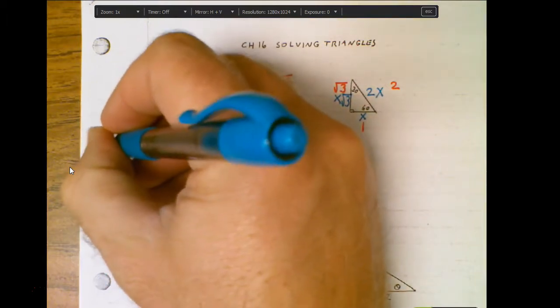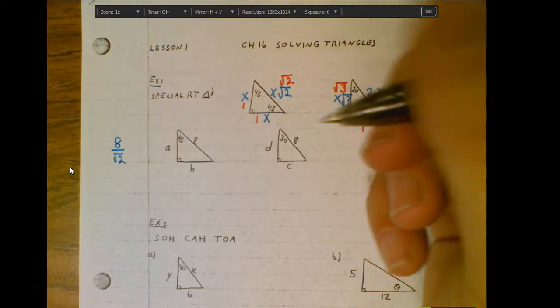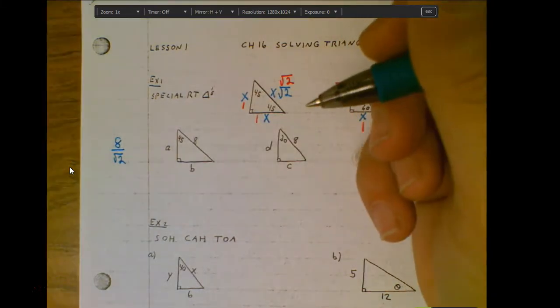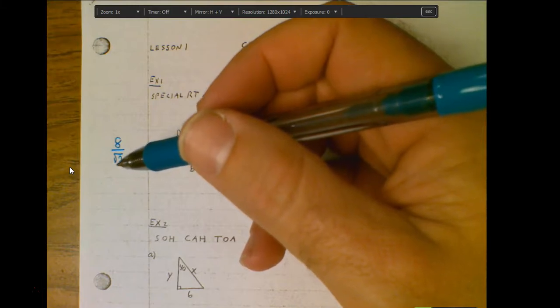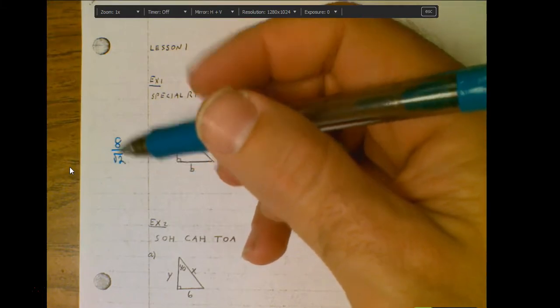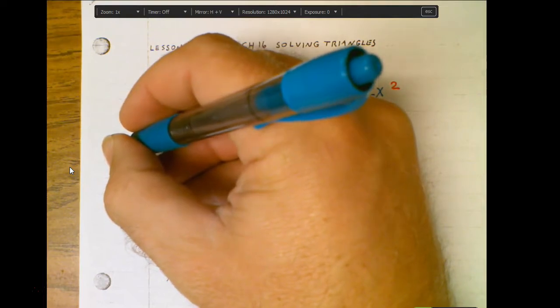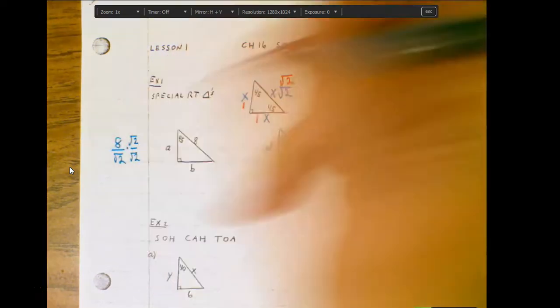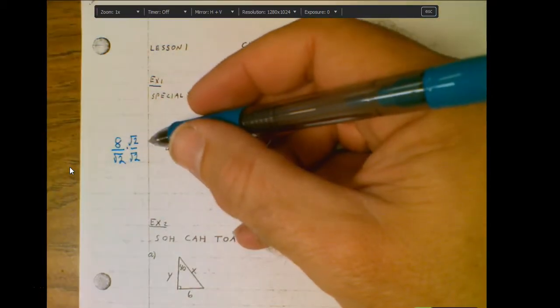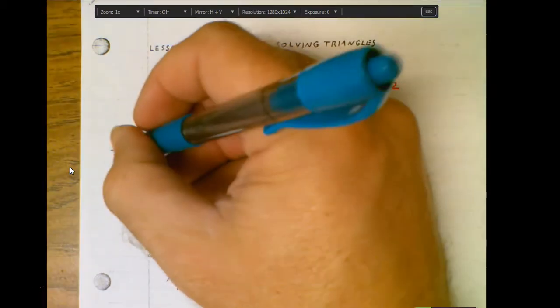But if I take 8 and divide that by the square root of 2, always do clean up wherever possible. One of the things that we always stick with is we tend not to leave a radical in the denominator. So if I multiply the top and the bottom by the square root of 2, then I get 8 rad 2 over 2.